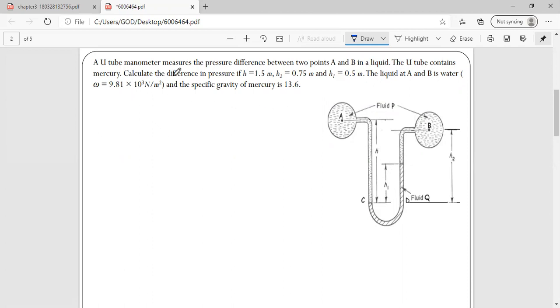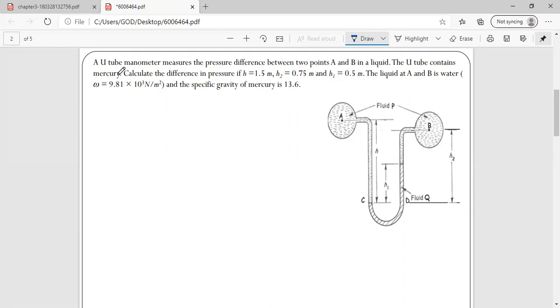Calculate the difference in pressures if H1 is 1.5. This distance is 1.5 meters, this distance is 0.5 meters, and this distance is 0.75 meters, because if you observe, your A portion is somewhat higher than the B portion.